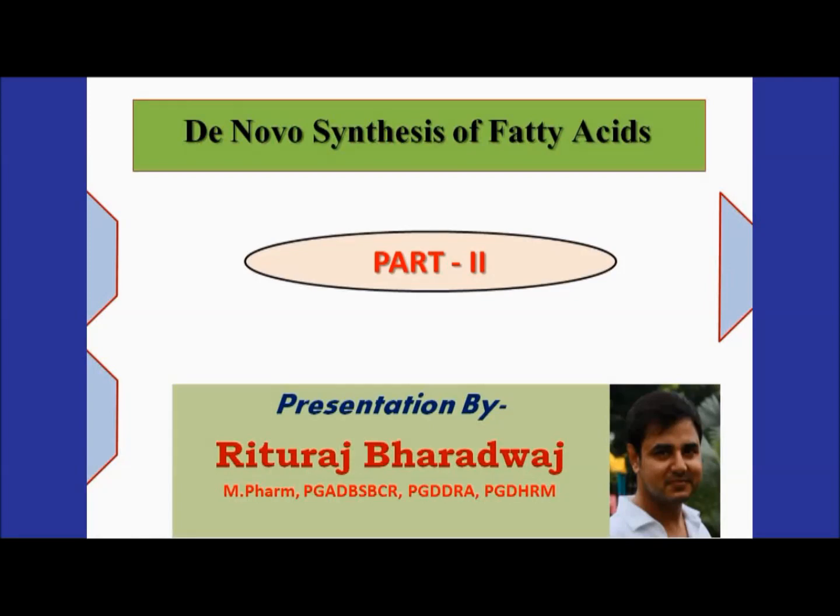Now in part 2 we are going to deal with some complexes and steps which are used in the process of fatty acid synthesis. So we are going to start without any further delay.